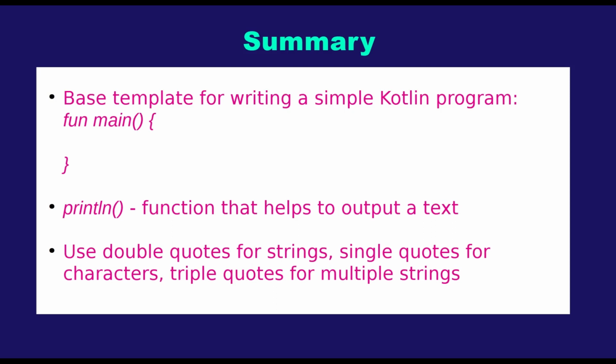Main points: base template for writing a simple Kotlin program. Println function that helps to output a text. Use double quotes for strings, single quotes for characters, triple quotes for multiple strings.